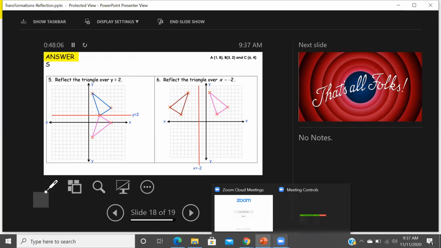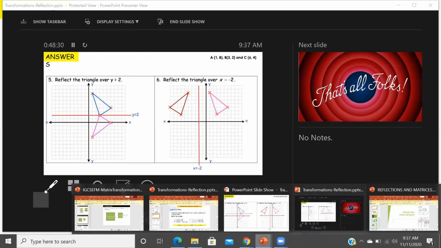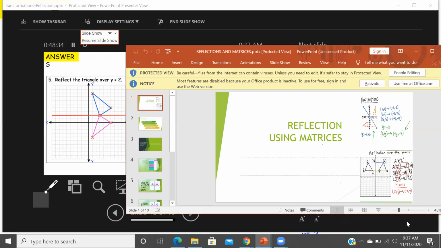Or you can subtract the vector from the image to get the object. With reflections now, you don't use vectors, you use matrices. You also use matrices with the next set of transformations that you will meet, and they are rotations and dilations or enlargements. So today I'm going to take you through how to do reflections using matrices.